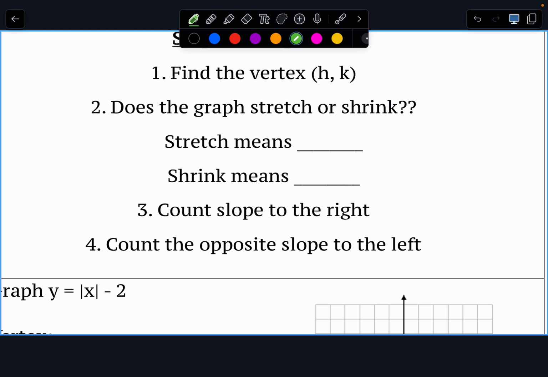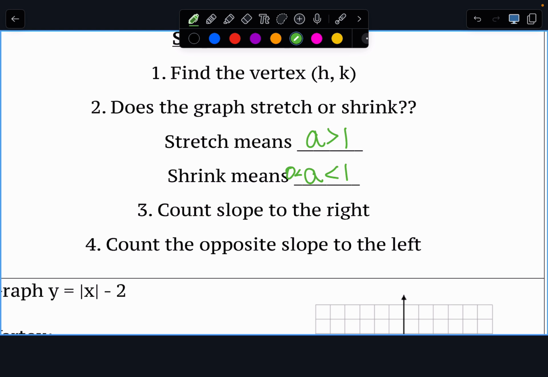If a is bigger than 1, we are going to have a skinny, stretched absolute value. If a is less than 1, but it's got to be bigger than 0. Somebody said a decimal. Well, not necessarily a decimal or a fraction, but it just needs to be smaller than 1.